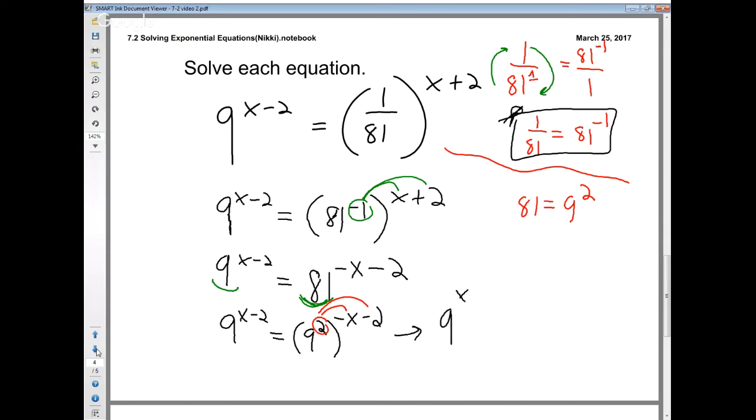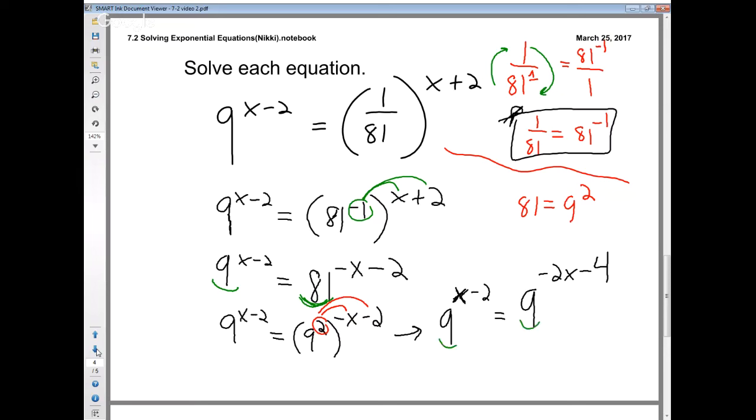We still have 9 to the negative x minus 2 over here. And that's going to be equal to base of 9. And then 2 times negative x will be negative 2x. And then 2 times negative 2 is negative 4. So now our bases are the same.